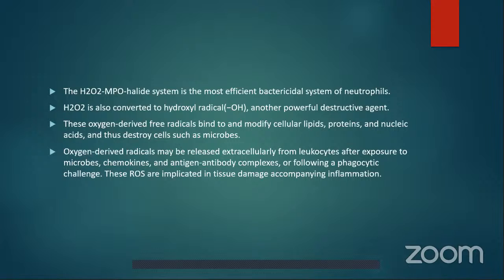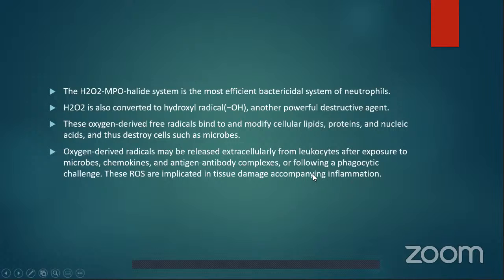Oxygen-derived radicals may be released extracellularly from the leukocytes after exposure to microbes, chemokines, and antigen-antibody complexes, or following a phagocytic challenge. These reactive oxygen species are implicated in the tissue damage accompanying inflammation.